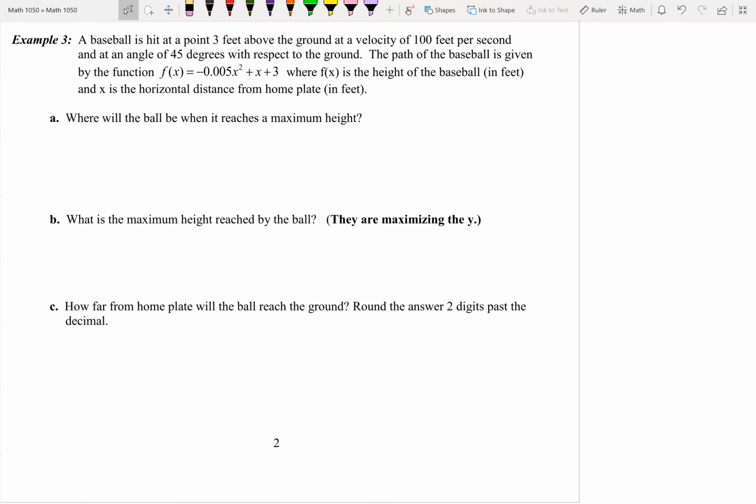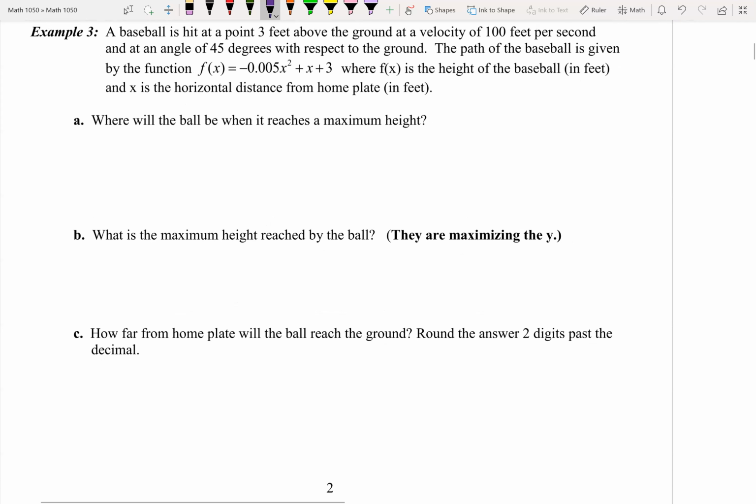A baseball is hit at a point 3 feet above the ground at a velocity of 100 feet per second at an angle of 45 degrees with respect to the ground. The path of the baseball is given by this equation, where f of x is a height and x is a horizontal distance from home. Guys, everybody tell me the very first thing I want you to do. X and y. So let's come over here and get organized. X equals, y equals. Whatever it's solved for is my y.